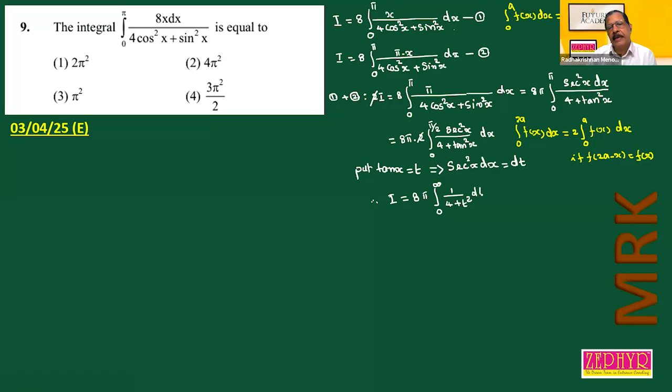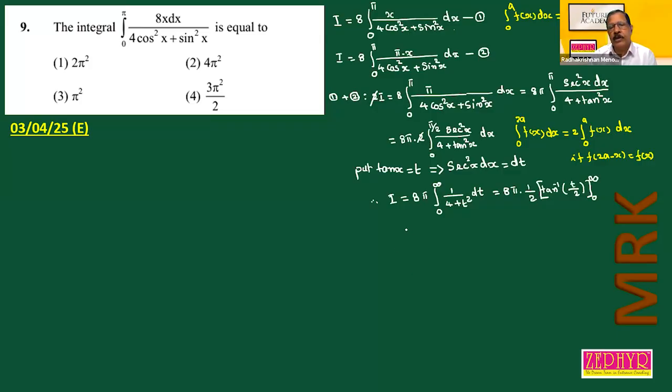Tell me which formula we have to use now? 8 pi into 1 by x squared plus a squared, 1 by a tan inverse x by a between the limits. Okay.